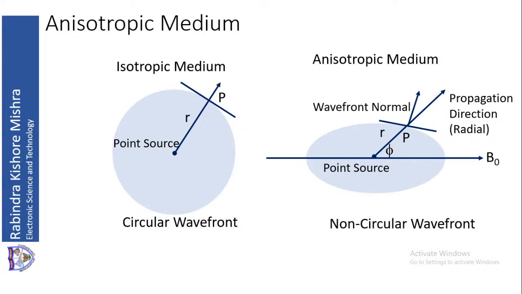So the propagation direction and the phase velocity are not the same, they are different. Now the propagation direction determines the energy propagation, the direction in which energy is going, right? And the wavefront normal determines the phase velocity. In that direction, normal to the wavefront, the phase is constant, so there is the phase direction, and the propagation direction is the energy direction.